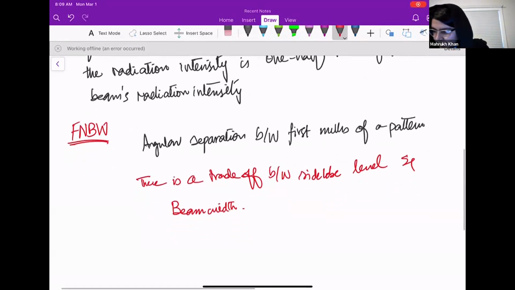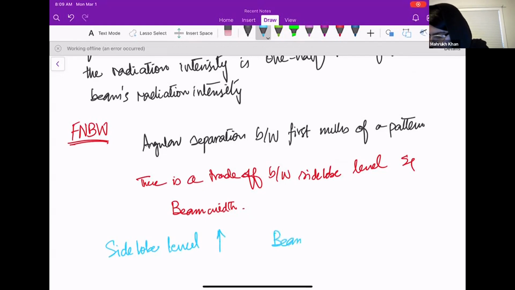Let me clarify what I'm saying. Your side lobe level increases when your beam width decreases. So it's an opposite scenario.